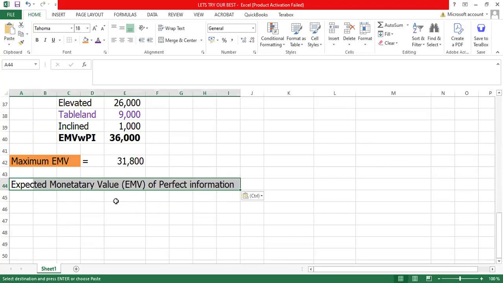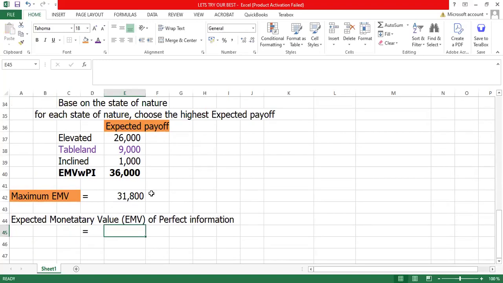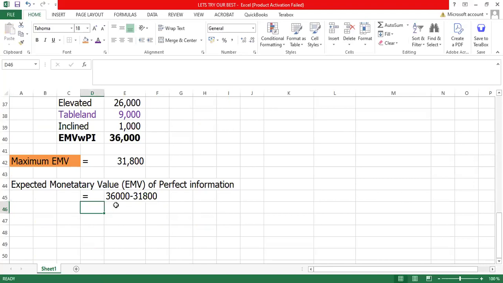Expected monetary value of perfect information will be equal to your expected monetary value with perfect information, that is 36,000, minus the maximum expected monetary value, 31,800. What do you get? Get this minus this. And this figure is in USD dollars.